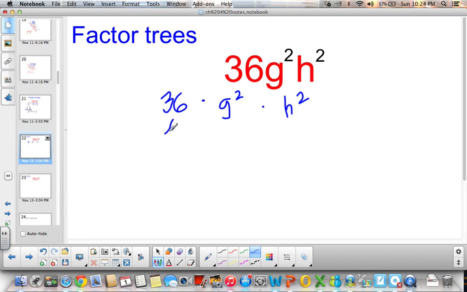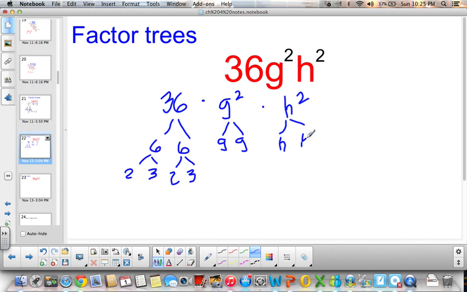So 36 can be factored out to 6 and 6, and then we know we have 2 and 3 and 2 and 3. G squared is actually the same as g and g, and h squared is the same as h and h.